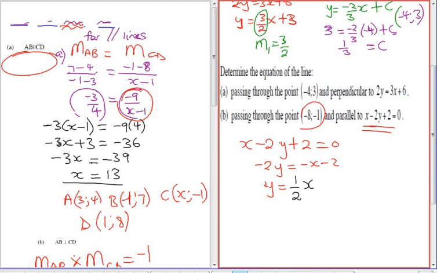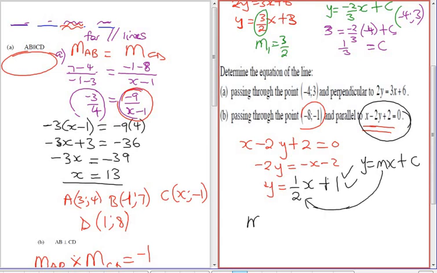And then -2 divided by -2 will be +1. So I managed to rewrite this equation in the form that we can easily recognize, and I have managed to see how my gradient is equal to a half.